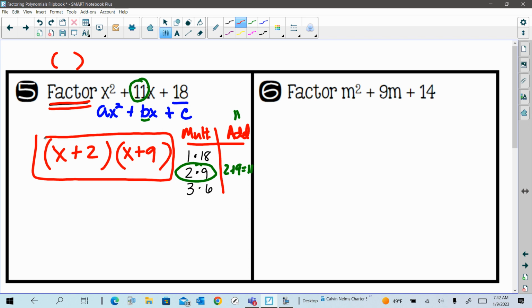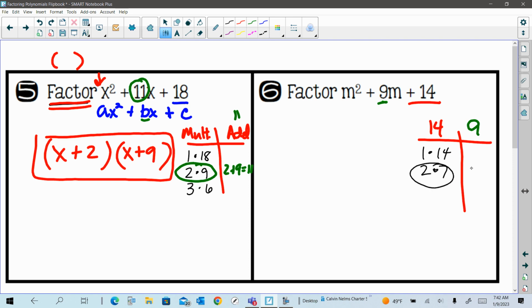If our trinomial does not have a coefficient in the front, all we have to do is focus on the last number. We want factors of 14 that add up to the middle number, which is 9. I'm going to list my factors. Some of you might know your multiplication mentally, then you could go straight to the combination. 14 is 1 times 14 and 2 times 7, the only two ways to get 14.